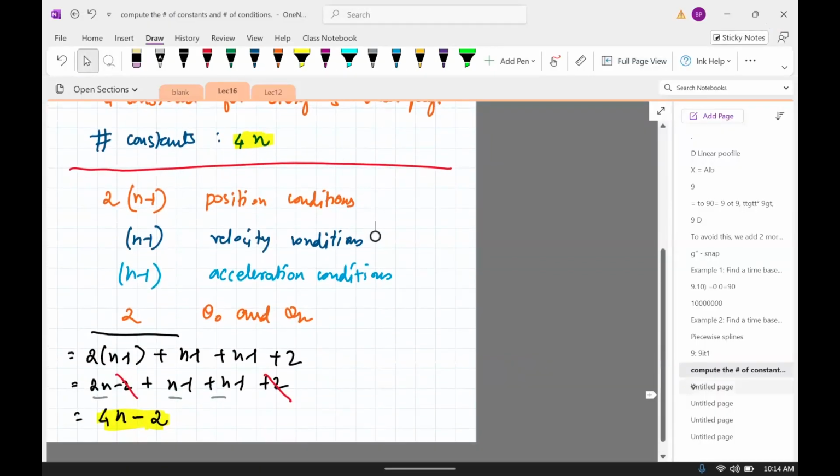So we have 4n constants, which is greater than 4n minus 2 conditions or equations.